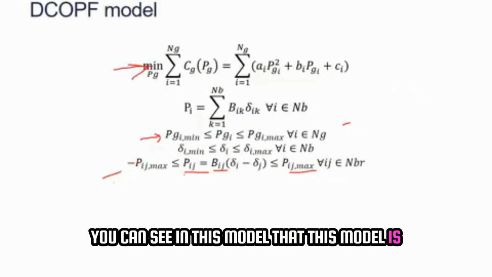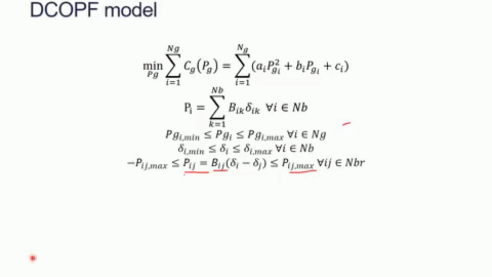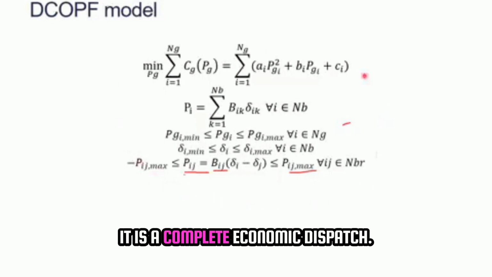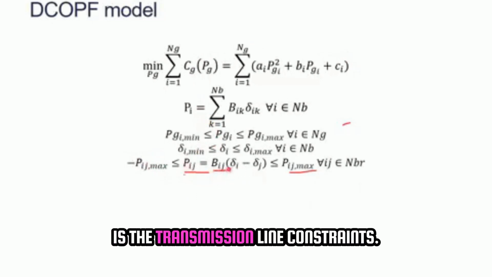Now you can see in this model that it is a complete economic dispatch. The only additional thing which we are adding is the transmission line constraints, and obviously the number of variables has also increased.